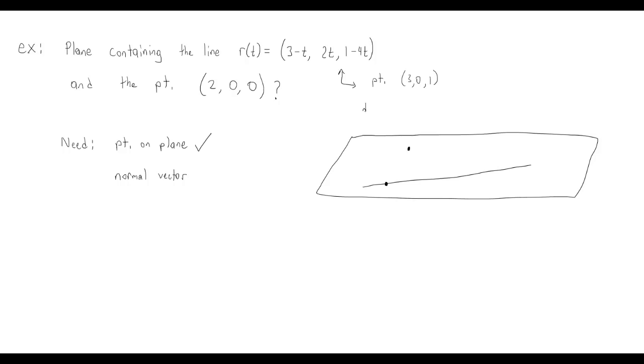We can also read off a direction vector of the line from the coefficients of t. So -1, 2, -4.